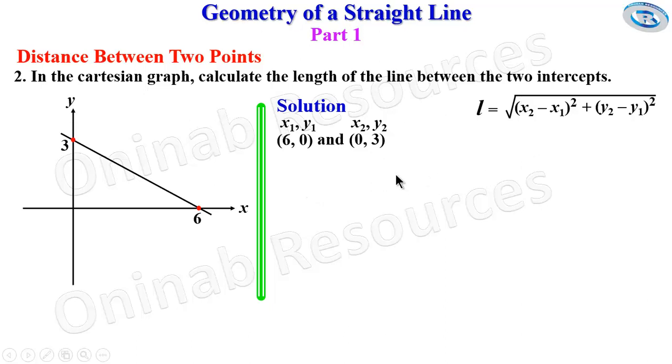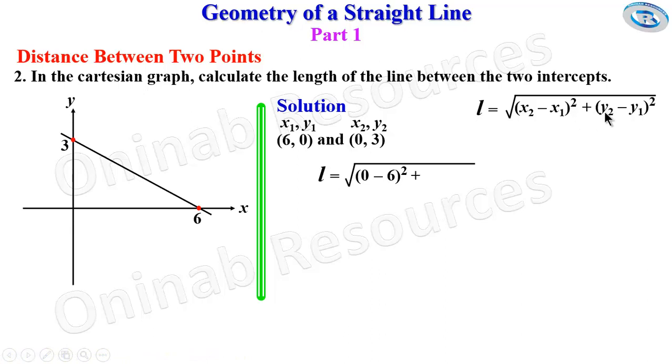So what we'll do is to substitute into our formula again, L, square root of x2. x2 is 0 minus x1, that's going to give us minus 6 all squared.